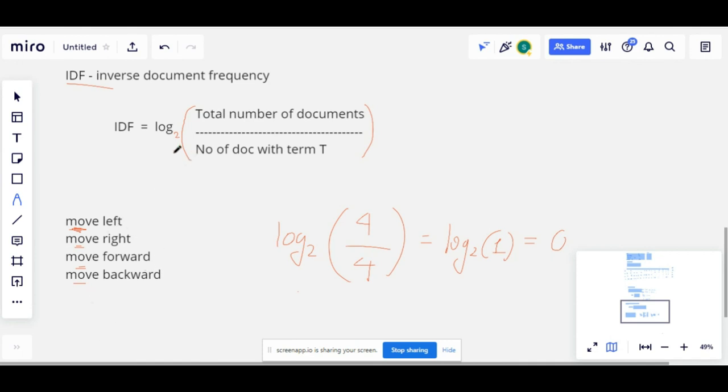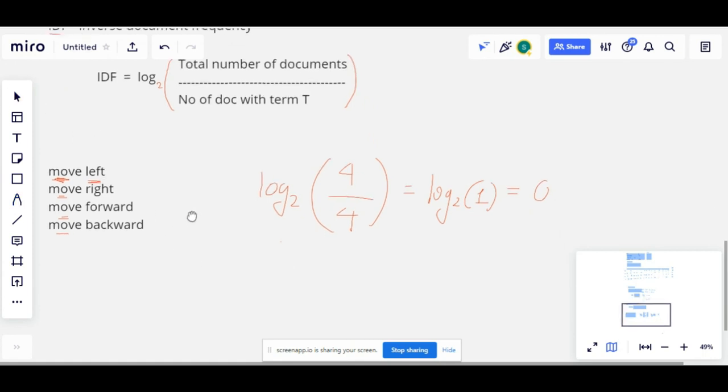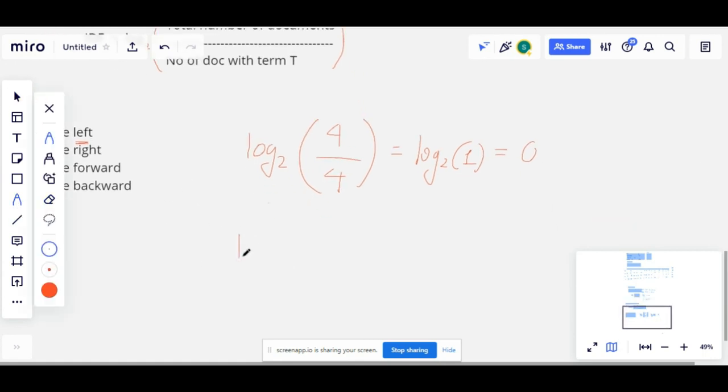Let's calculate the IDF for the term left. That will be log base 2 of the total number of documents. We have four documents, out of which left appears in only one document. So we have log base 2 of 4, which is 2.